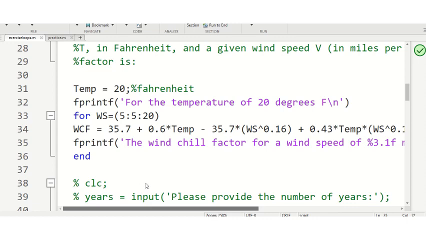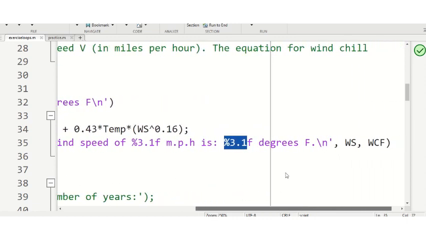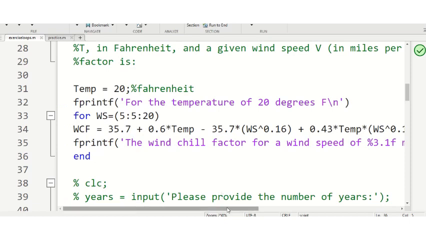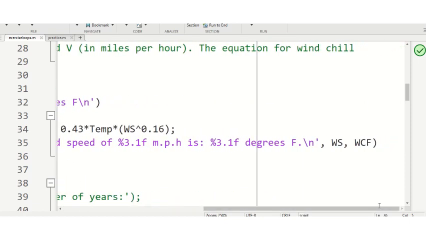So that WCF value you are going to show here. That is also a floating value, a decimal value you will get. Percentage 3.1 f degrees Fahrenheit, and moving on to the next line.